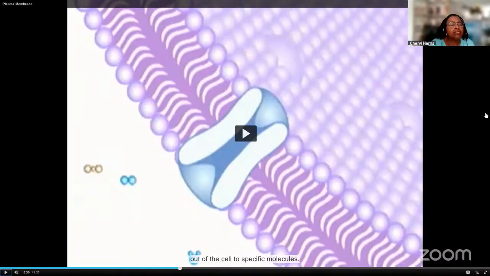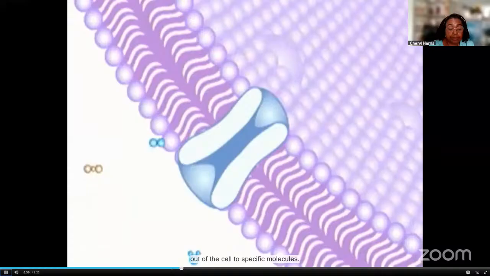So selectively permeable is a word you're going to have to remember. Permeable means it lets materials pass through it. Selectively permeable is like what I was explaining with your screen. It lets some things in and keeps some things out. So it doesn't let everything in, but that's a vocabulary word you're going to have to remember.